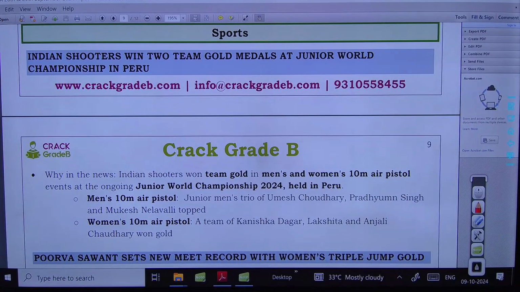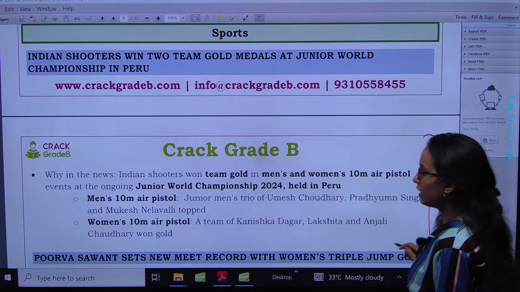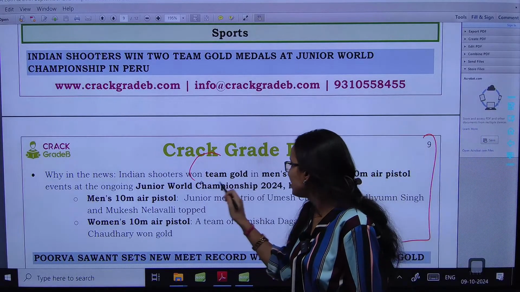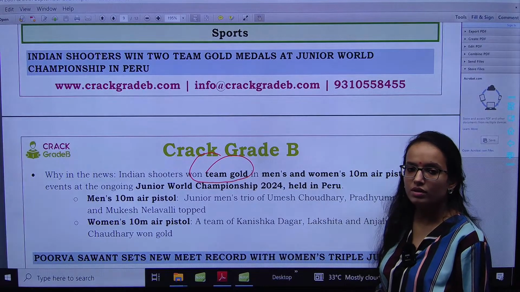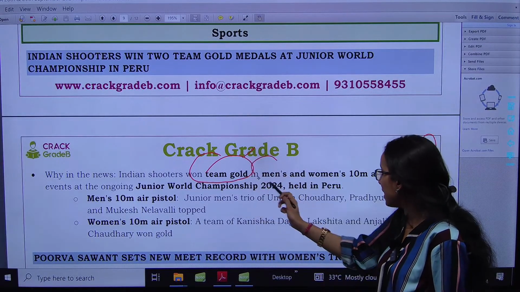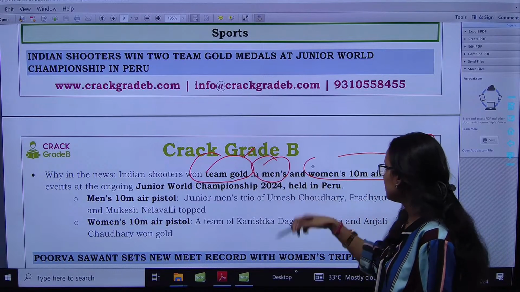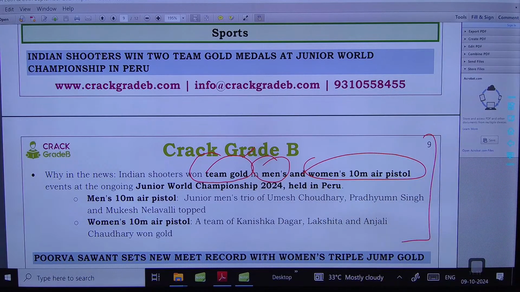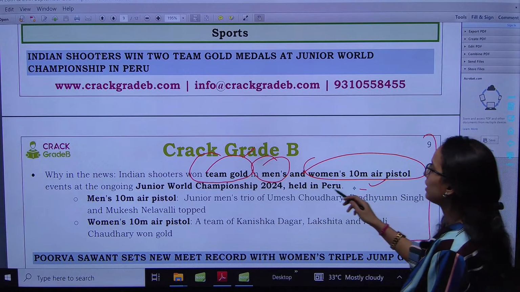The next category we have is sports. In the sports, first thing, Indian shooters. Now this is important. Indian shooters have won team gold in men's and women's 10-meter air pistol events at the ongoing Junior World Championship in Peru.